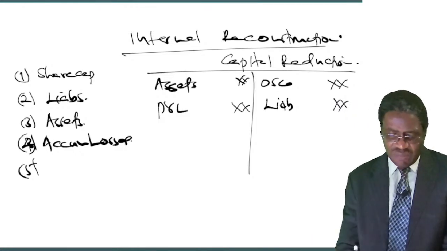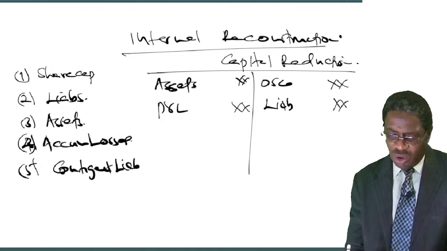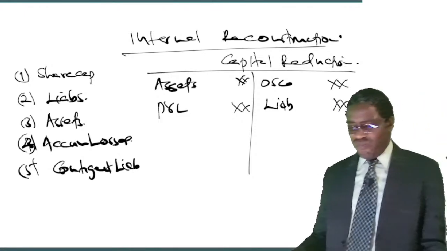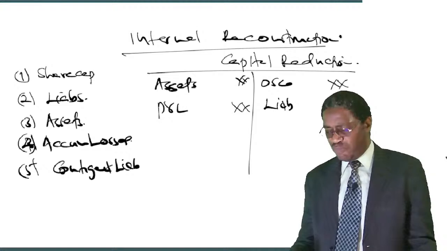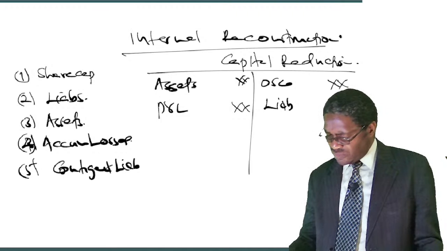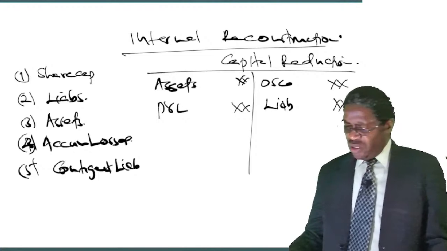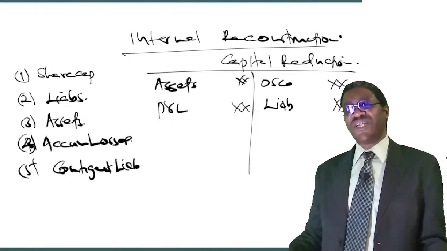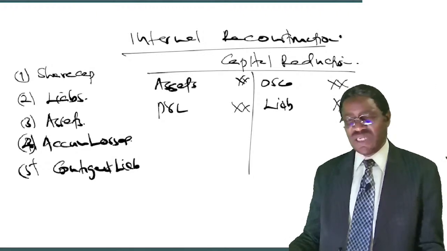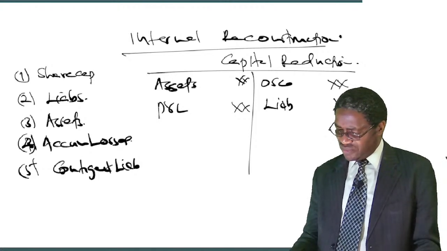Number 5, with any contingent liability arising. We gave an example of a contingent liability: preference dividends in arrears.